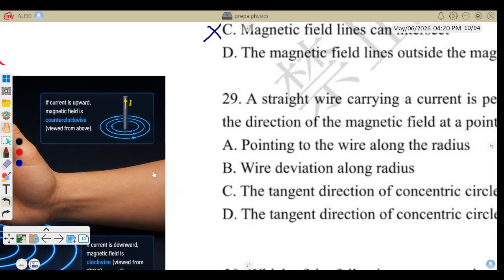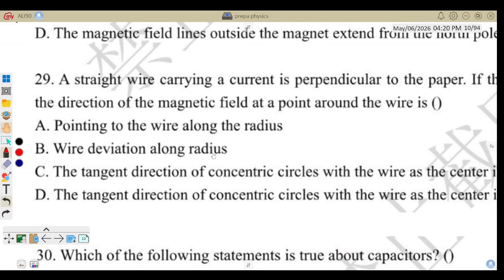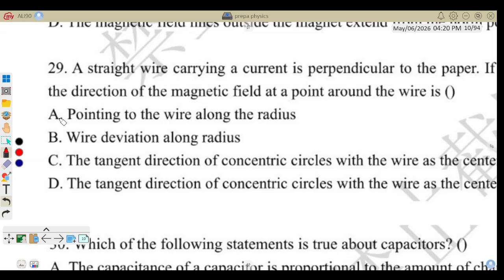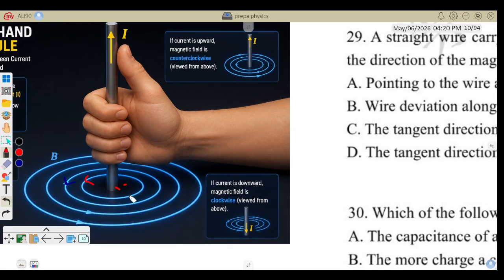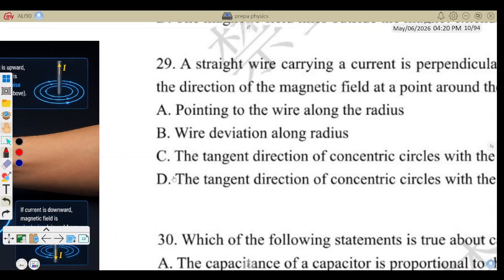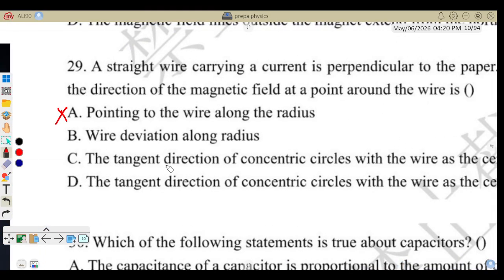With that being said, we have here for A pointing to the wire along the radius. That is not correct. We can never see something like that. This is the magnetic field line. This is not correct. Neither in toward the wire or outward from the wire. So the A is not the one.